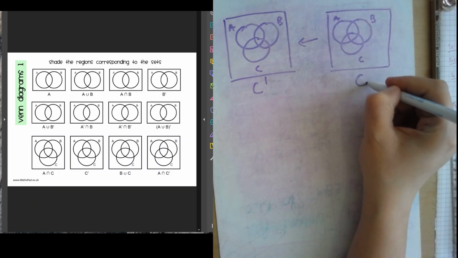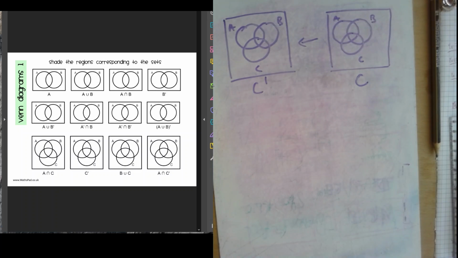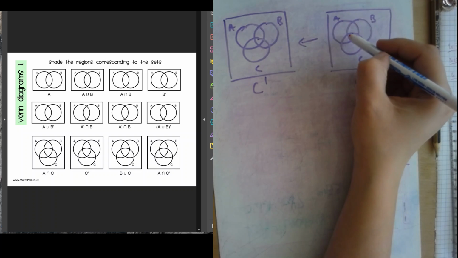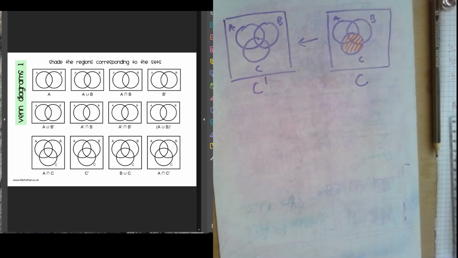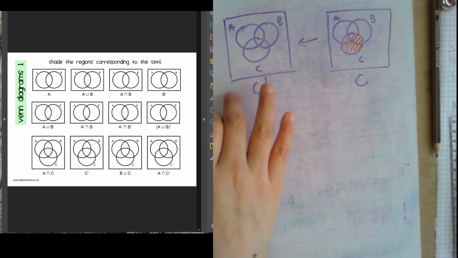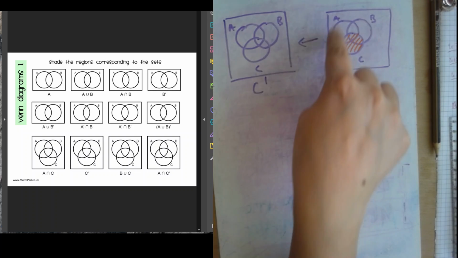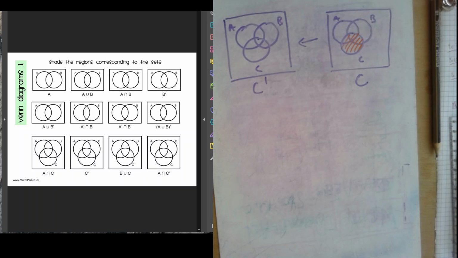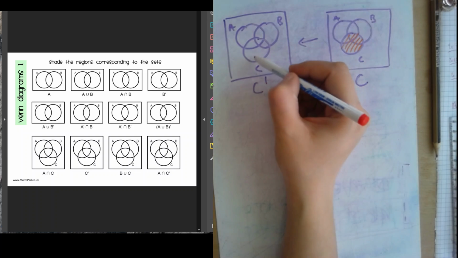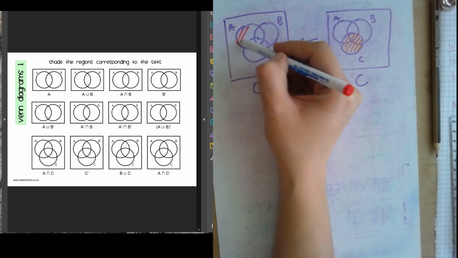Okay, so this one is going to be C, and then I'm going to change it around. This is C right here. So I now need to shade in anything that doesn't include that. None of these 4 sections I can colour in, but I can colour in everything else.